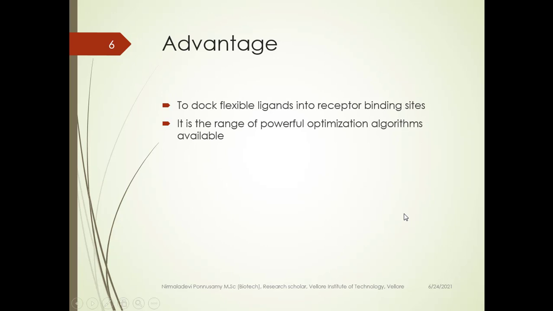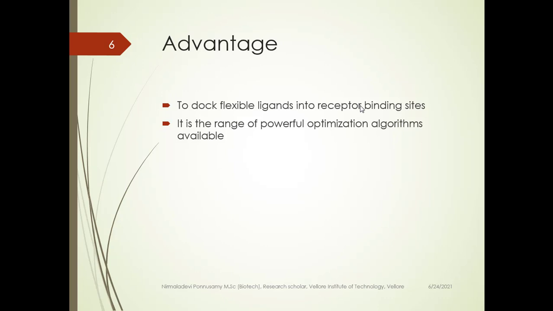What are the advantages of using this AutoDock? While docking, the ligand should be in flexible format. Its conformation can change, whereas the protein is in rigid format, so it can't change.